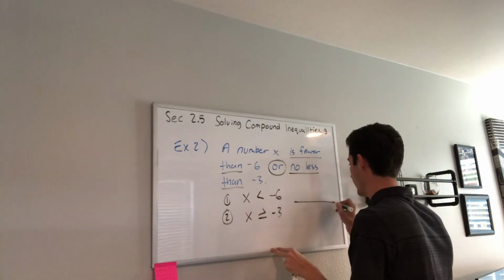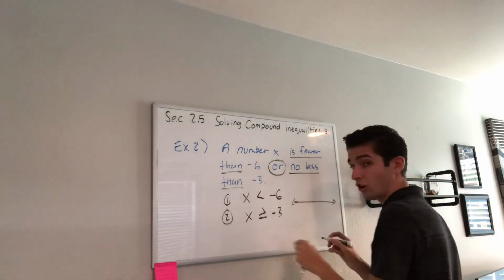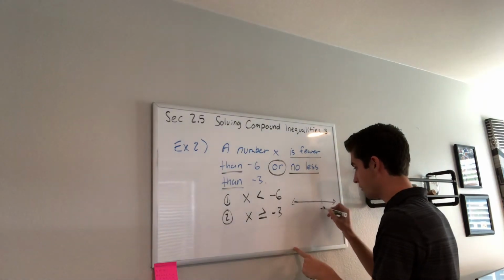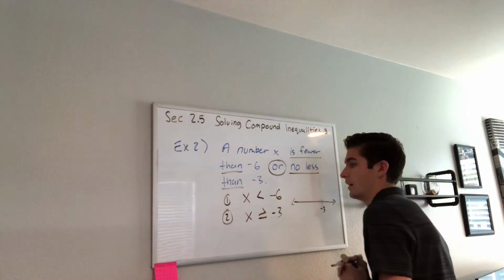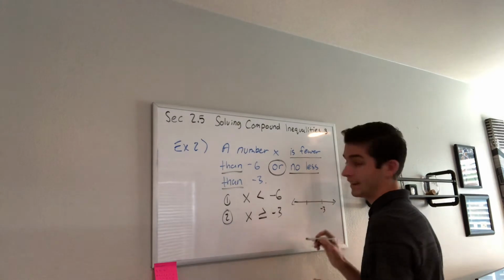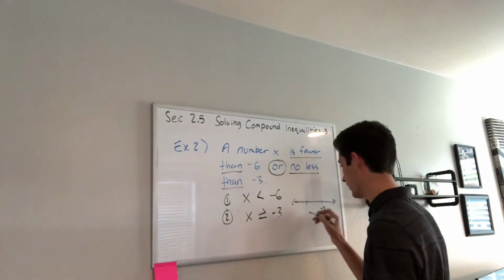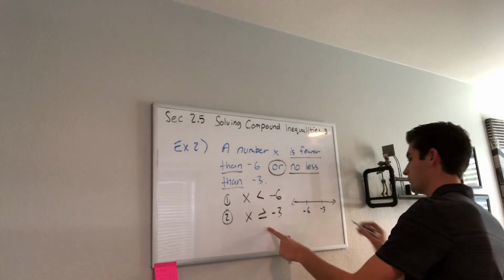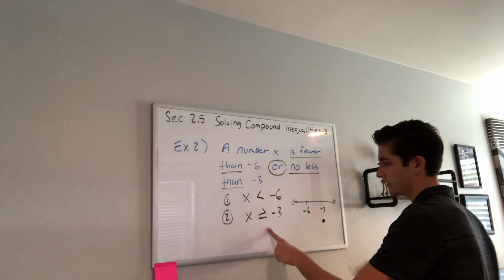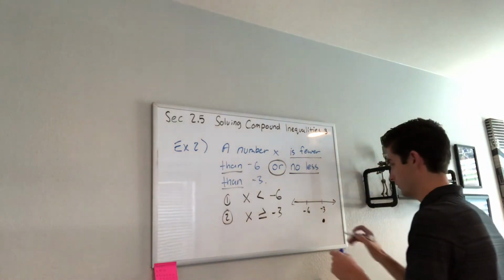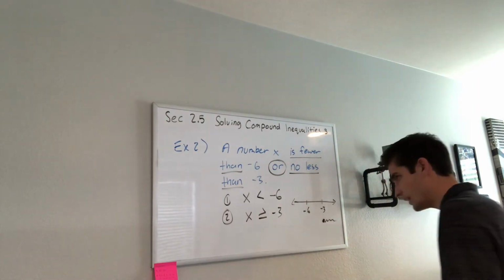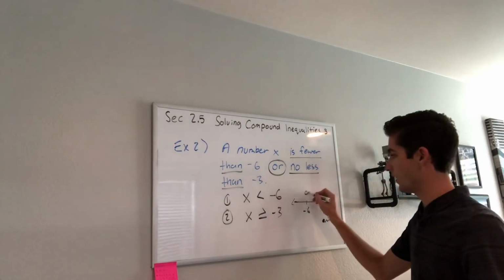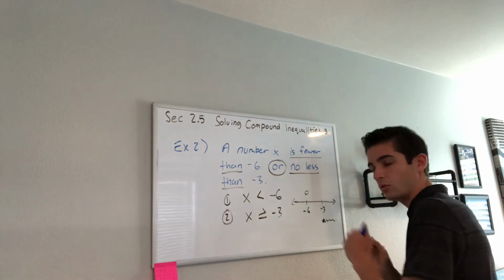So when we go and graph it, we want to put the larger number on the right, which is negative 3 in this situation, and we want to put our lesser number on the left. Negative 3 is going to have a closed dot, and it's going to be shaded to the right. Negative 6 is going to have an open dot, and is going to be shaded to the left.